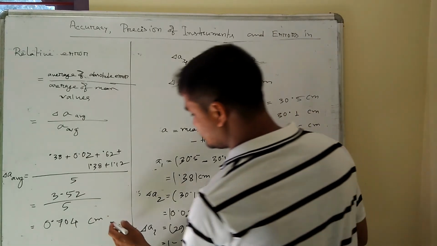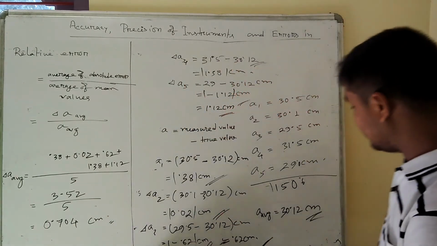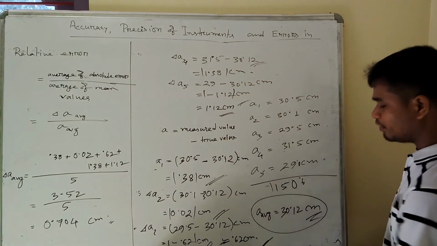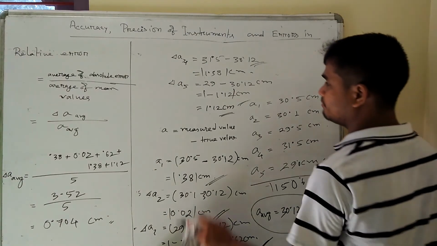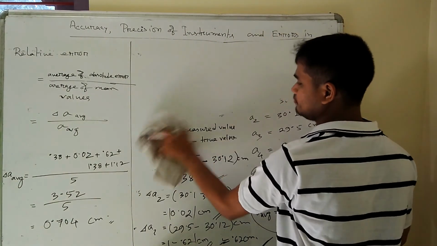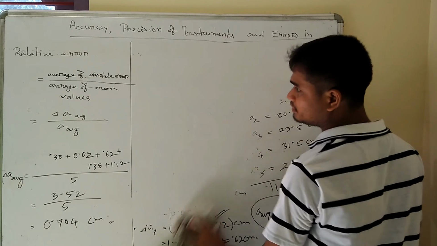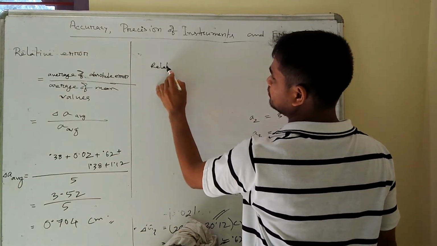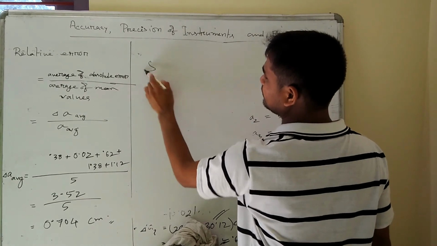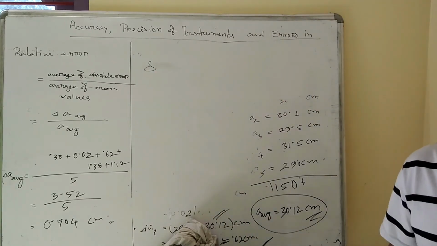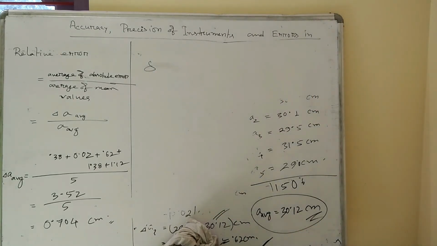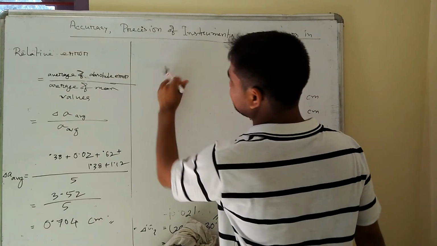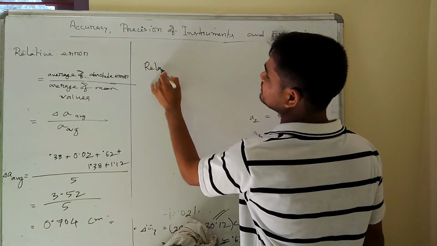This is the average value, and we know that A average is how much? 30.12. So we can write the relative error. In your NCERT book, it is denoted by delta A over A. No problem. Direct relative error is written in your NCERT book.